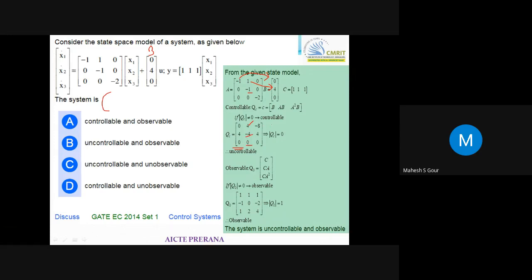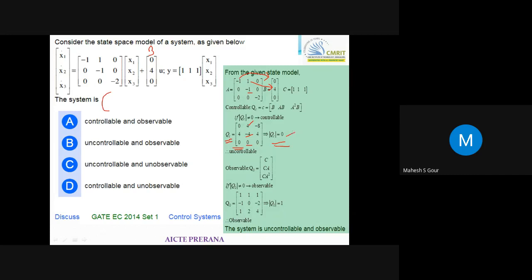So it is pretty easy. There is nothing great in matrix multiplication because many terms here are 0. When you take the determinant of this, you'll be getting 0. The first term is 0, and the second term, if I take it, becomes 0. So you'll be getting the determinant of your controllability matrix as 0.